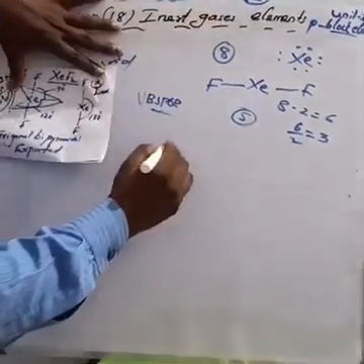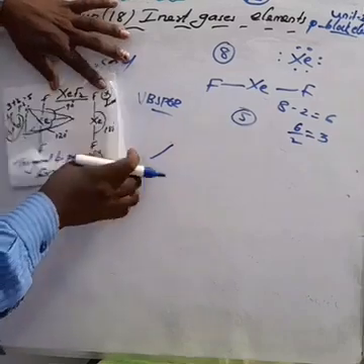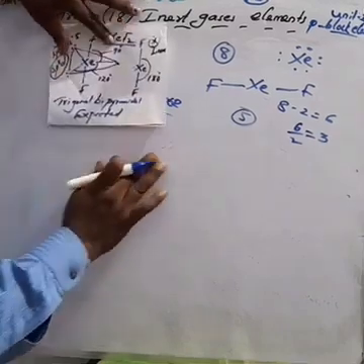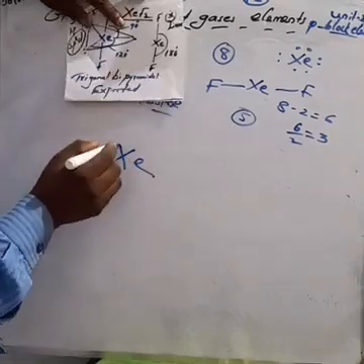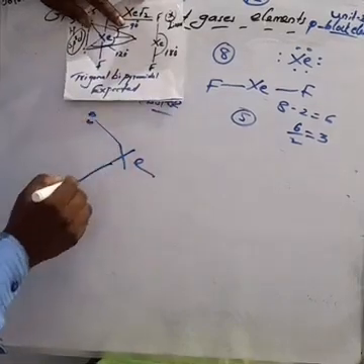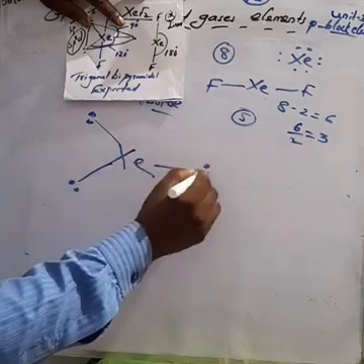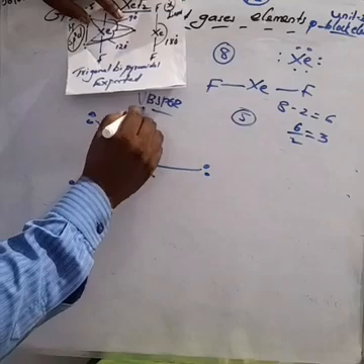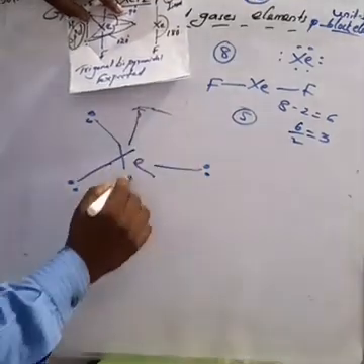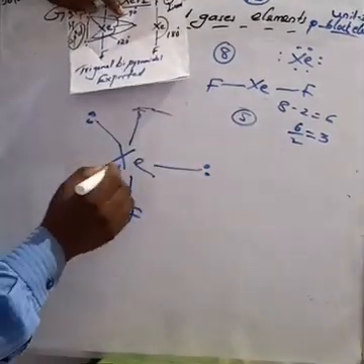The first shape is trigonal bipyramidal. First I am drawing xenon, Xe. Here one lone pair, here one lone pair, here one lone pair. How many fluorines are attached here? Two fluorine, one fluorine, two fluorine. What is the angle here? This fluorine to xenon is 90 degrees.